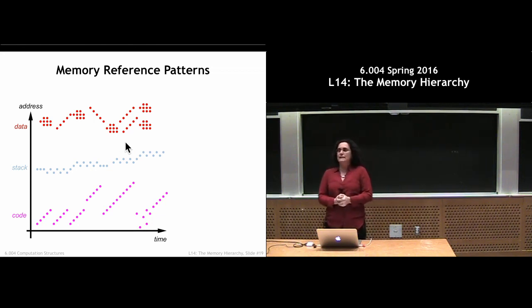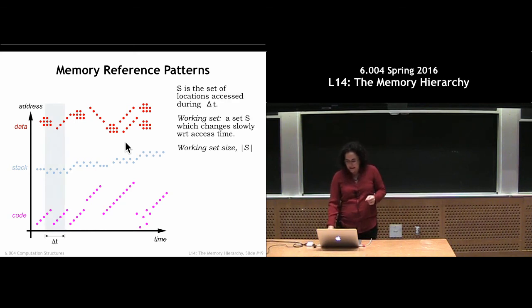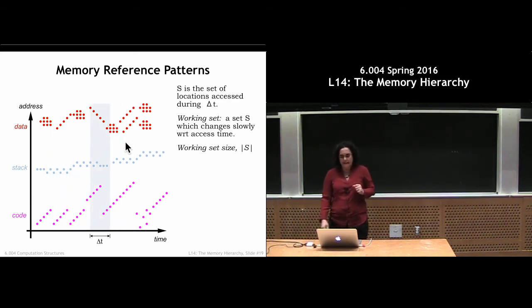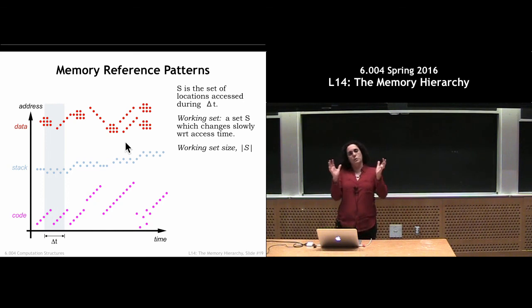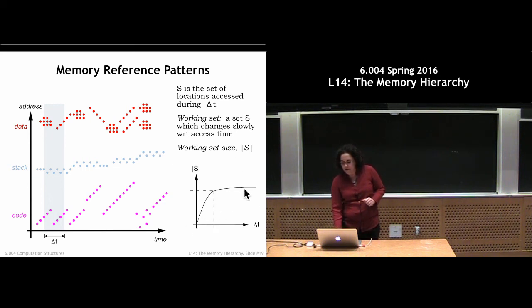So we can really make use of this idea of putting the things that are going to be used frequently into our fast memory. And what we actually find is that if you try to figure out what the working set is, of how many locations in memory am I actually accessing over a particular period of time, you'll find this nice looking graph here, which shows you that after you get beyond a particular threshold of the amount of time that you're looking at, the size of your working set is actually pretty constant.